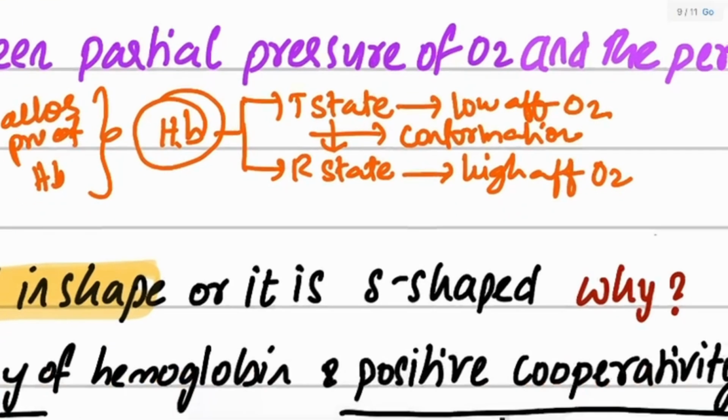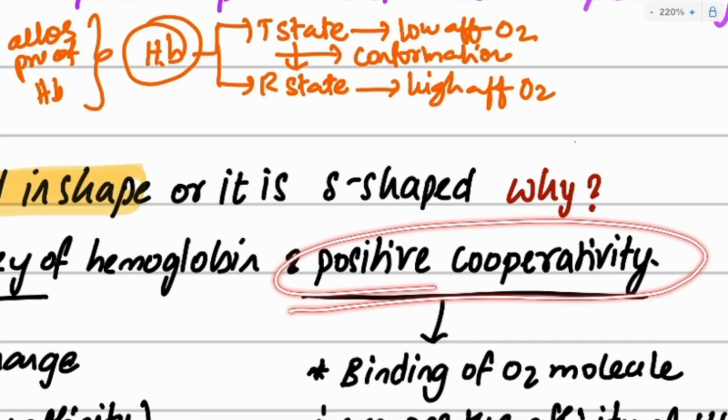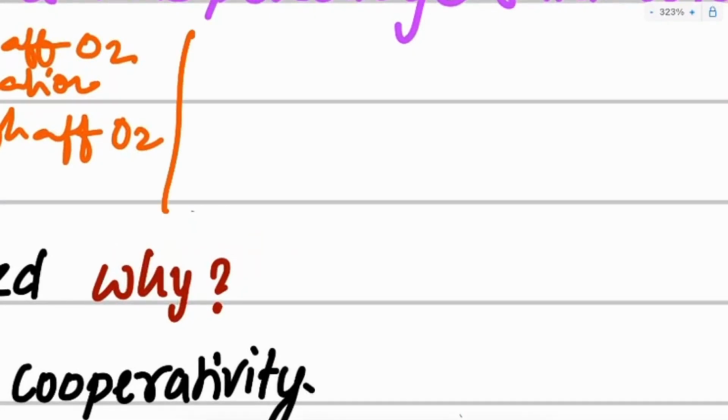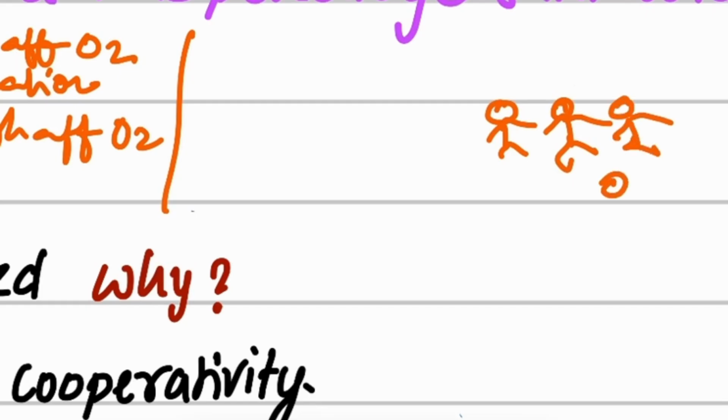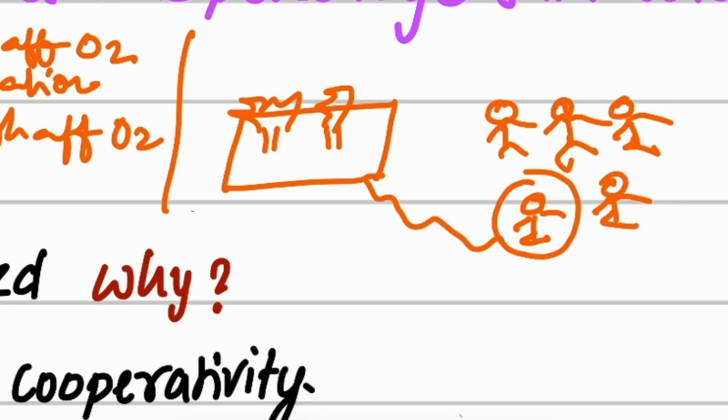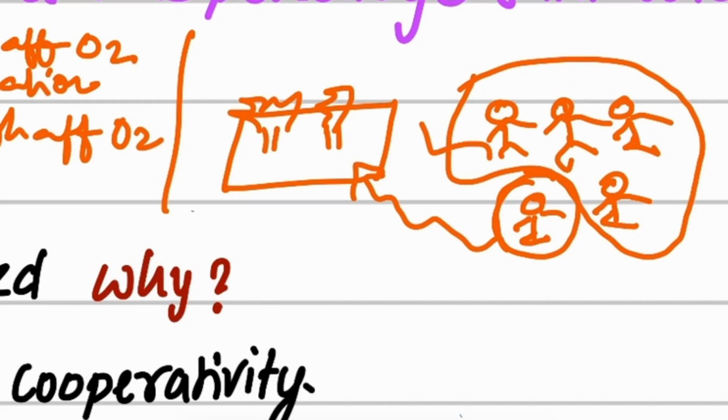Another reason is positive cooperativity. What exactly is positive cooperativity? Let us try to understand. Suppose you are a group of friends and you have planned to go on a trip to Goa, to the beach, but everyone is reluctant for some reason. Then one friend in your group initiates going to Goa, and looking at him, you all get inspired and go.